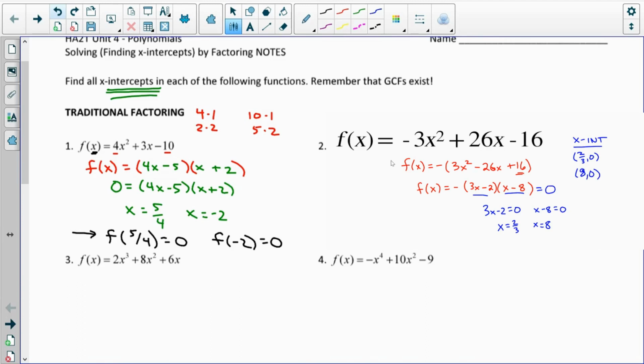So those would be my technical final answers since the problem asked me about x-intercepts. And what does that mean? Well, in terms of the meaning, I know that if I plug 2/3 into the function, or I plug 8 into the function, I would get 0 in both cases.